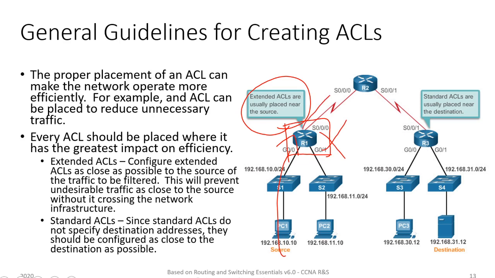So there's no wastage of that packet passing through all the network if we know it needs to be denied at this point itself. It is because of the limitation of standard ACLs, that they don't have any information about the destination, that they have to almost reach the destination router before the decision can be made.